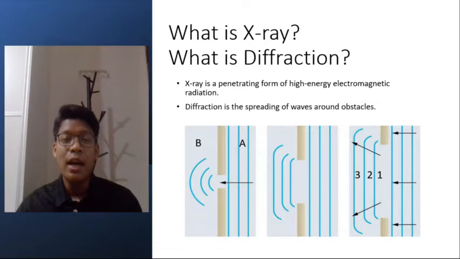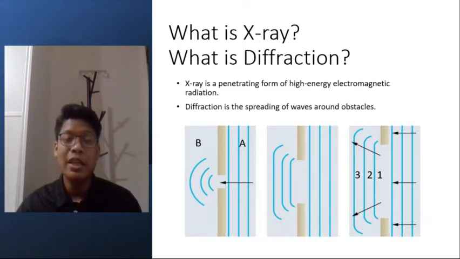We can see how it works in the image. So basically, it works as the bending of wave around small obstacles and spreading out of wave past small openings.